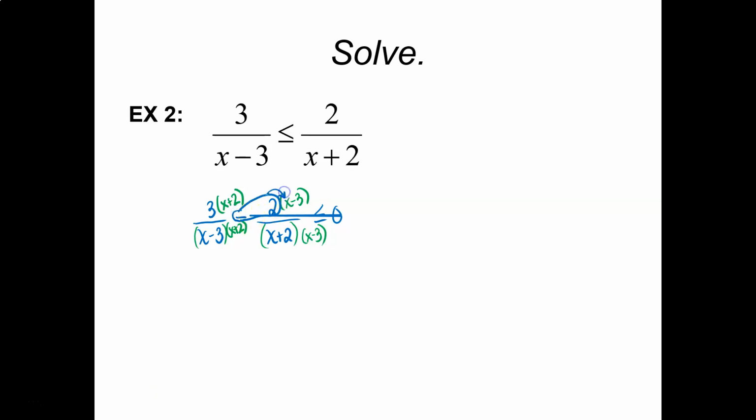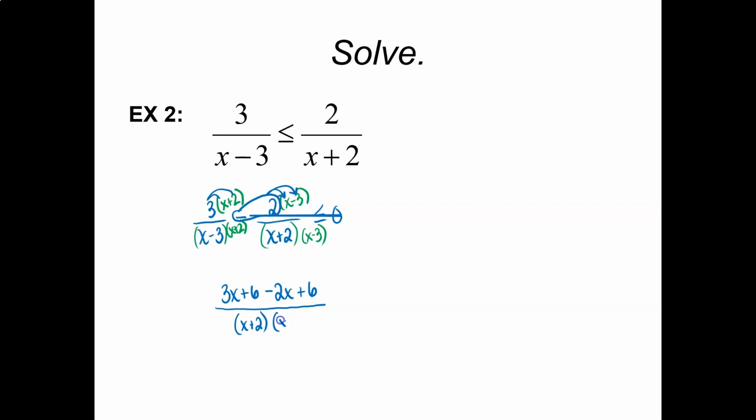So when you distribute this, make sure that negative goes with the 2. That minus sign, it's really easy to miss that. So you'll get 3x plus 6 whenever you distribute your 3 here. And then you'll get minus 2x plus 6 there. And then in the bottom, the denominator just stays the same.